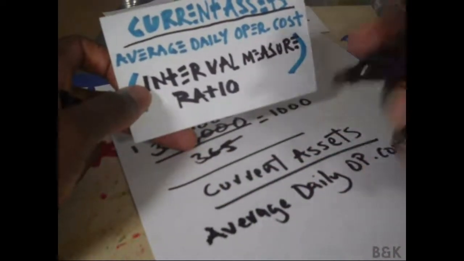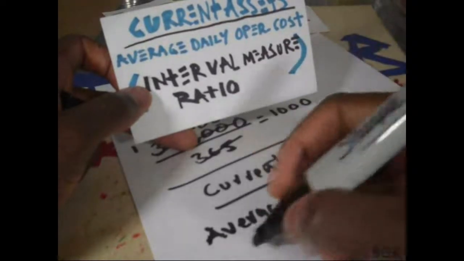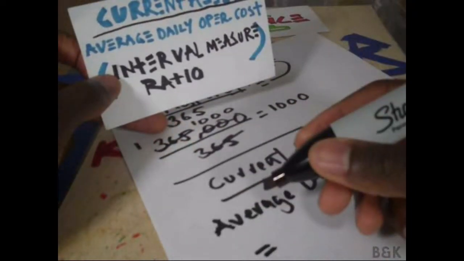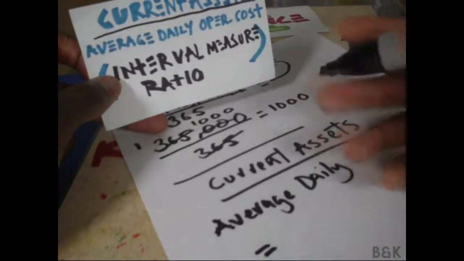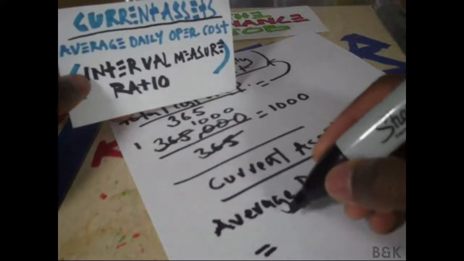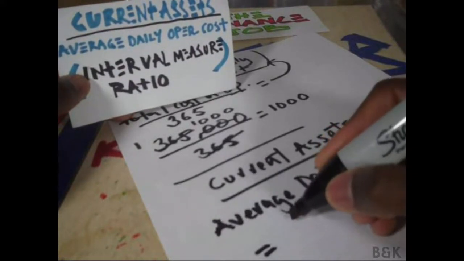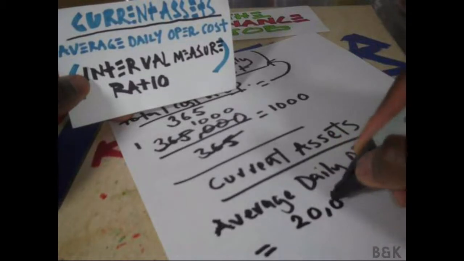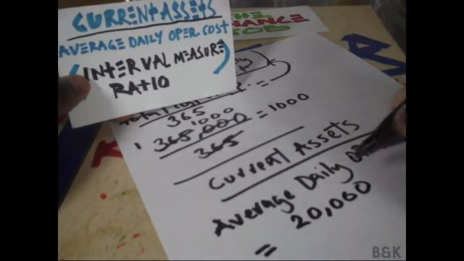So let's say for current assets we have, let's just throw out a number that's easy for us to divide. Well, any number at this point, since we boiled it down to $1,000 for our average daily operating cost. So we'll say in current assets we have $20,000, which is not a lot at all, and you'll see why.